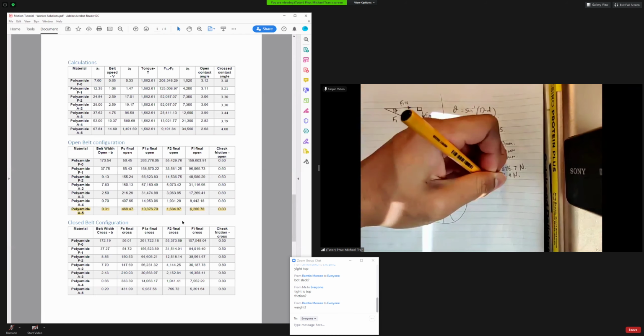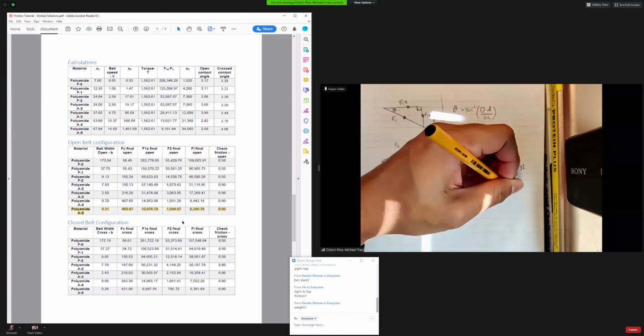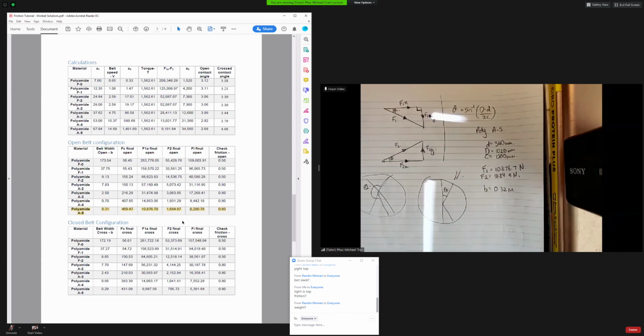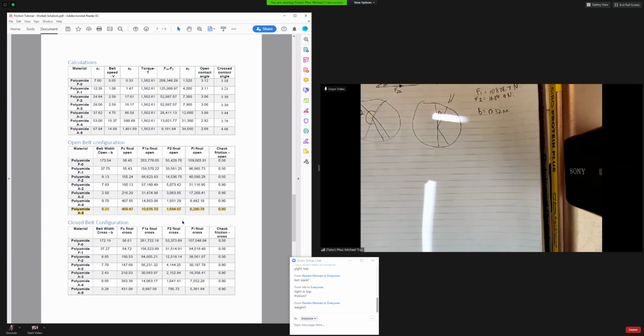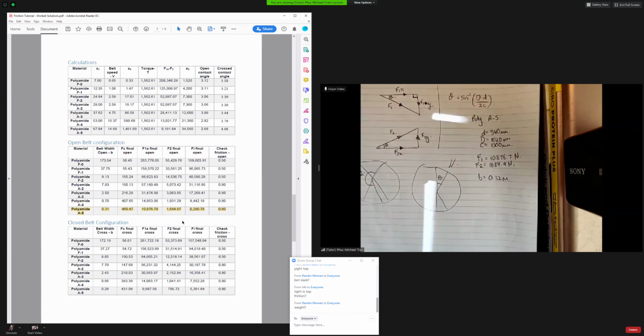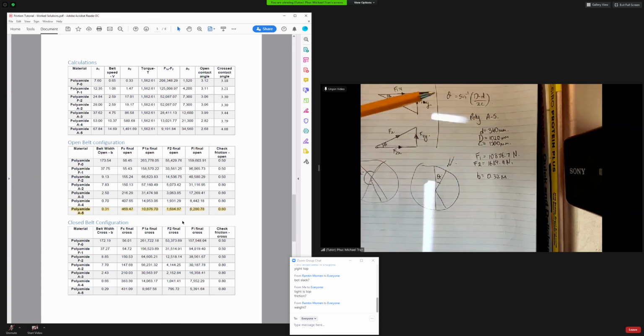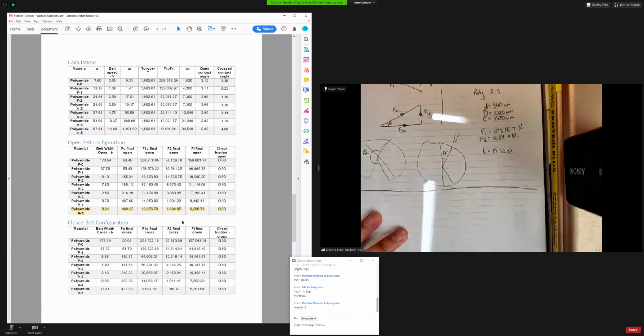The width is 0.32 meters. Sweet. Everyone got that? 340, 1020, 1500, and so on.